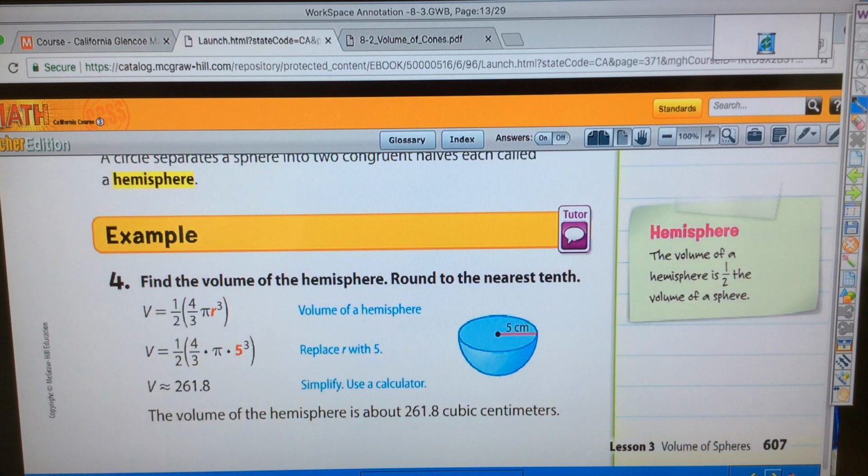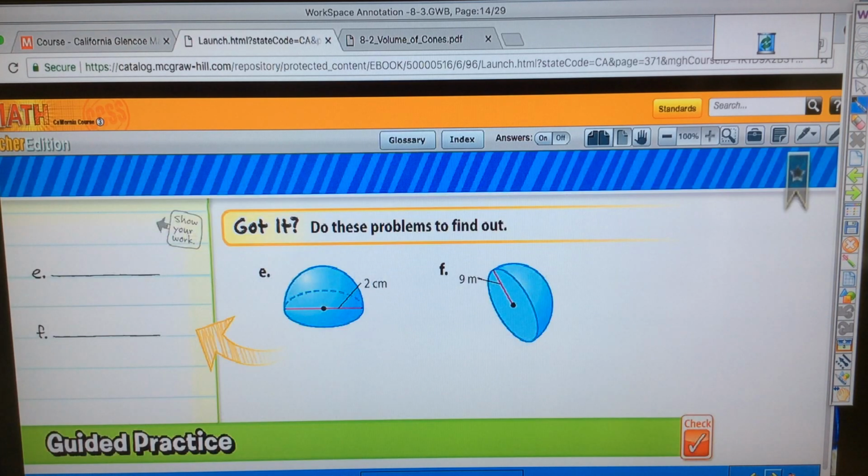Okay, so let's take a look at one of these. Let's go ahead and do E. This line goes all the way across through the center. So that means it's the diameter, I have to cut it in half, right? So half of 2 means my radius is 1.